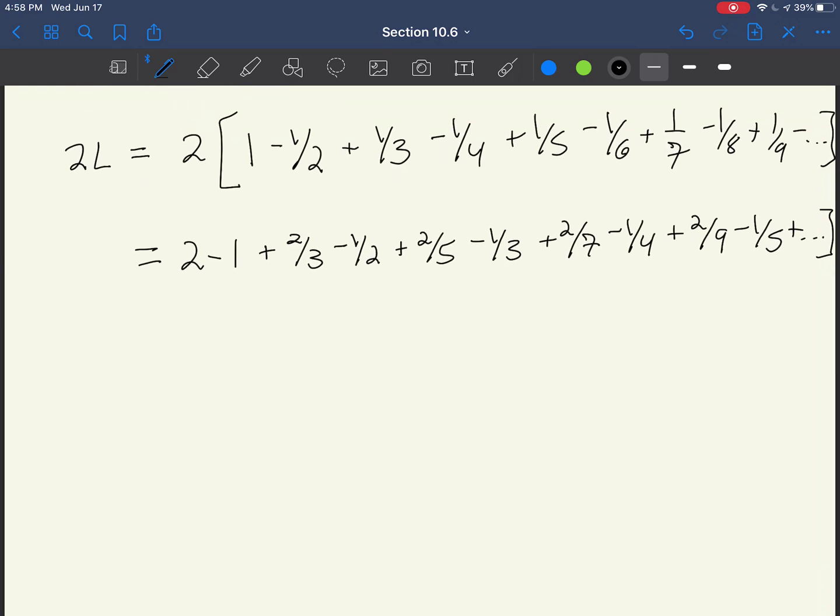Now we haven't actually rearranged our sequence yet, so let's rearrange it now. We're going to leave the first 2 the same, 2 minus 1. Then let's look at the minus 1/2 next. Then let's look at the 2/3 minus 1/3, coming from 2/3 minus 1/3, so we have rearranged it.